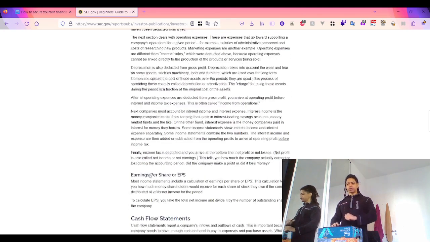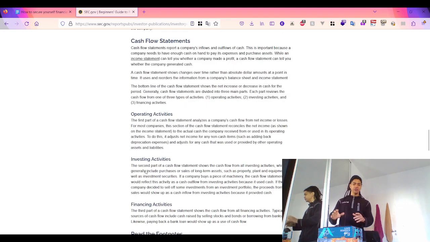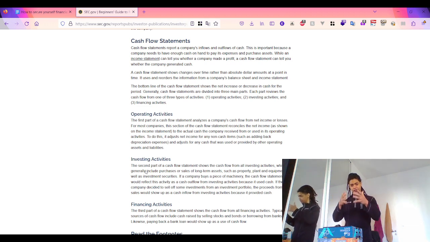So just to jump straight forward to the cash flow statement, it reports the company's inflow and outflow of cash over a period of time, and it reviews some of the information from the balance sheet and the income statement. Cash flow is important because, much like people, companies need to have cash to pay expenses or to purchase assets.